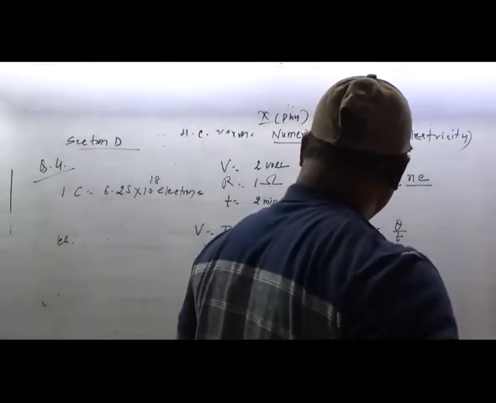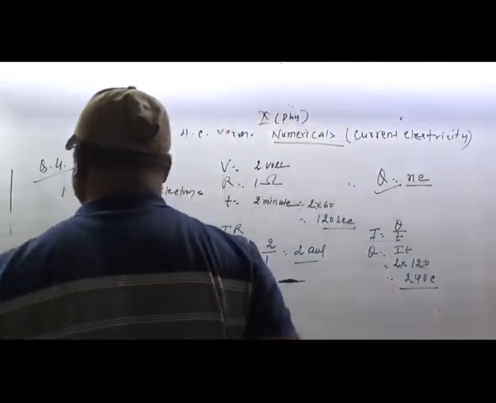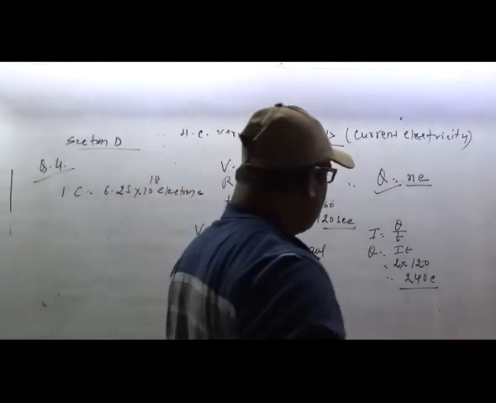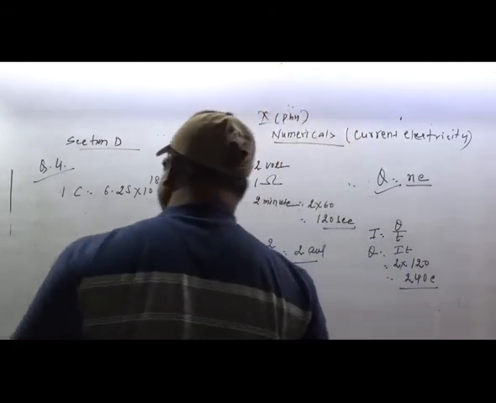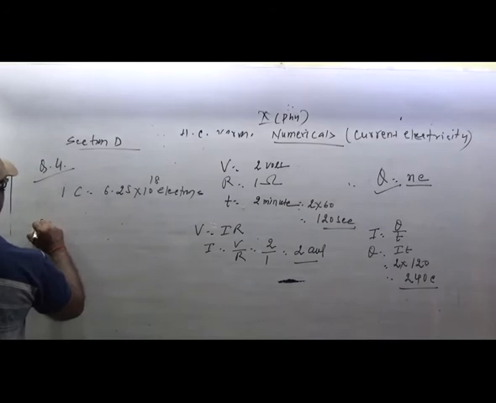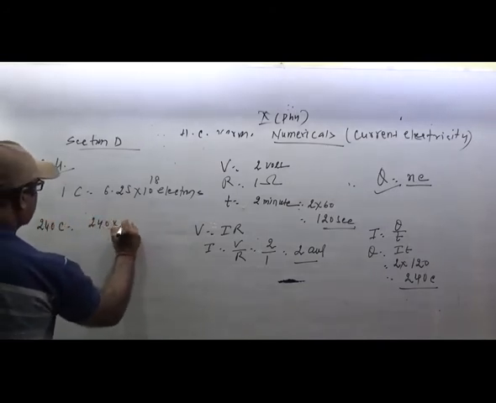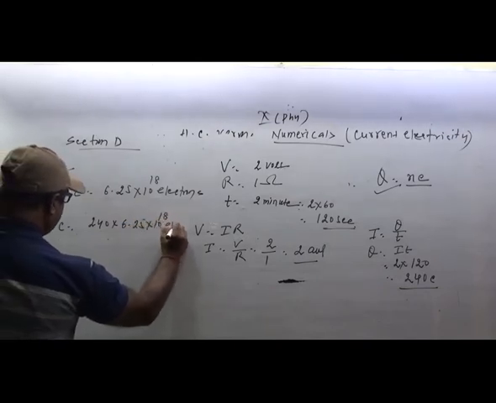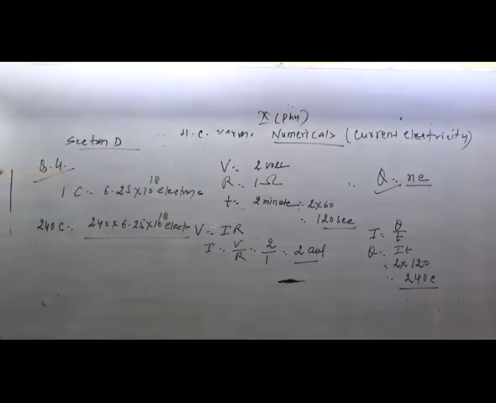So 240 coulomb is equal to 240 into 6.25 into 10 to the power 18. That much you will have multiplied.